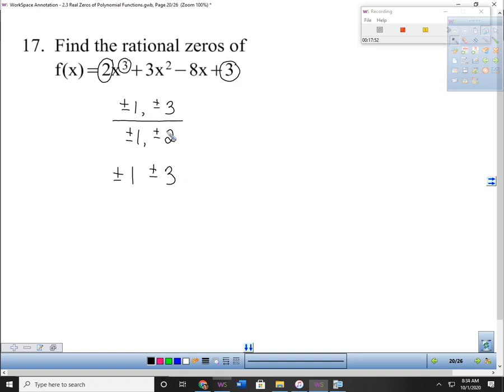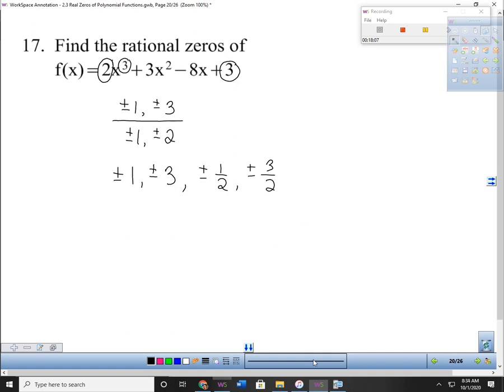Then I do 1 divided by 2, that would be 1/2. And then 3 divided by 2 is 3/2. So I have 8 options again. I have a positive 1 and a negative 1, a positive 3 and a negative 3, a positive 1/2 and a negative 1/2, positive 3/2, negative 3/2. So I have 8 options for possible rational ones.